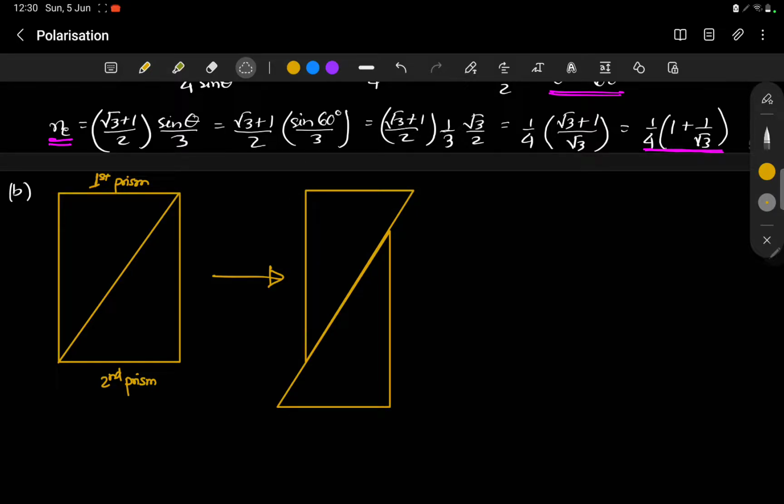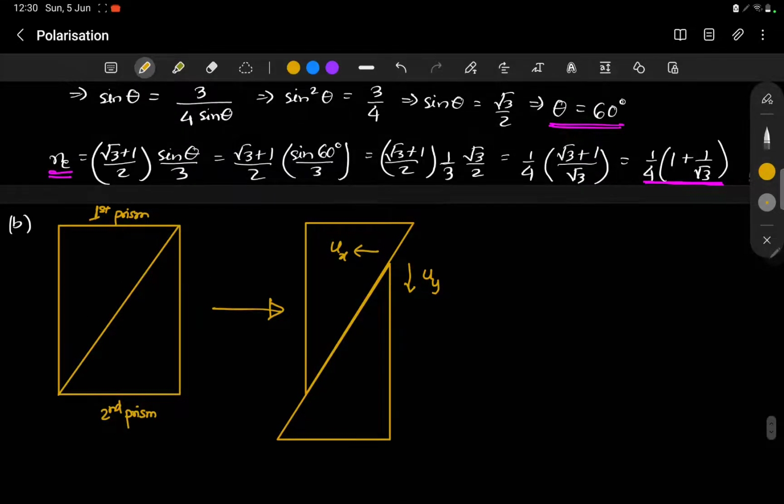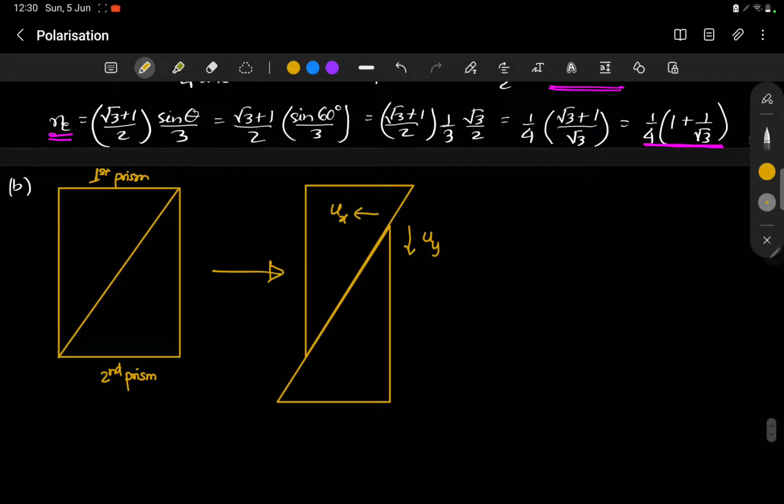So the second prism we are given has a vertical speed uy, and it would also have a horizontal component of the speed ux, because if only the vertical component is there, the prism would just fall down and it would not be able to maintain contact along this interface that we have.